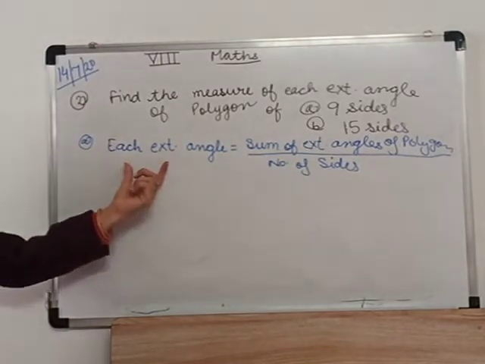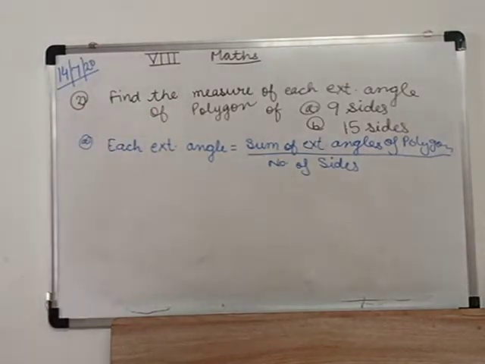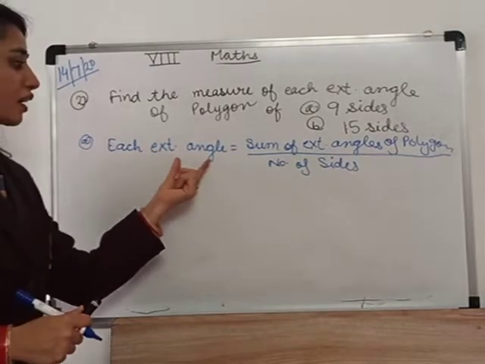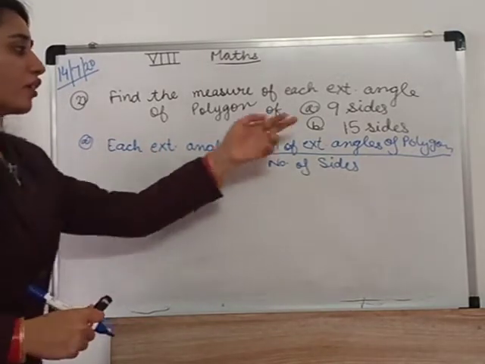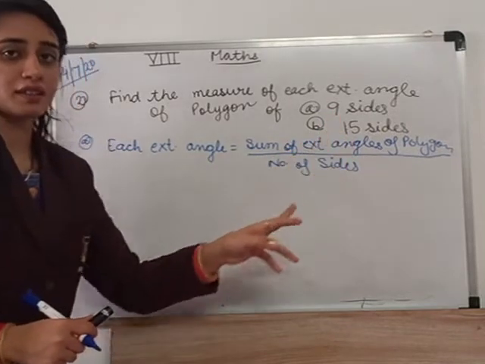Using this formula we can find this very easily. How can we find the exterior angle when a polygon has 9 sides?